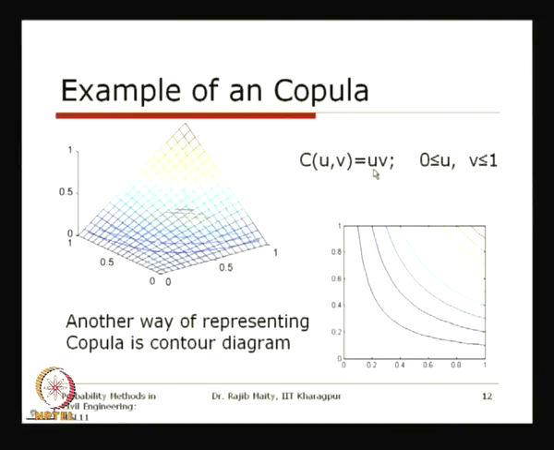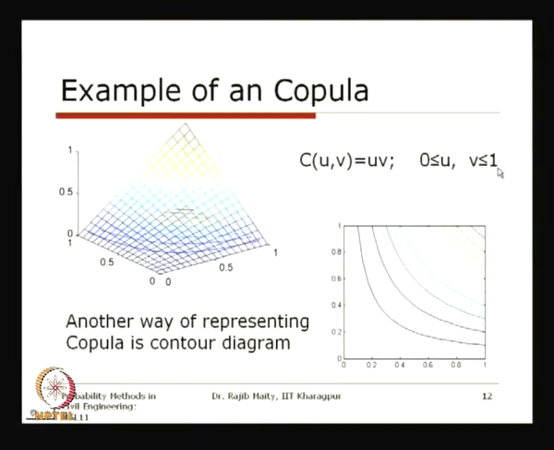This is also a copula, known as the independent copula, where u and v both vary from 0 to 1.